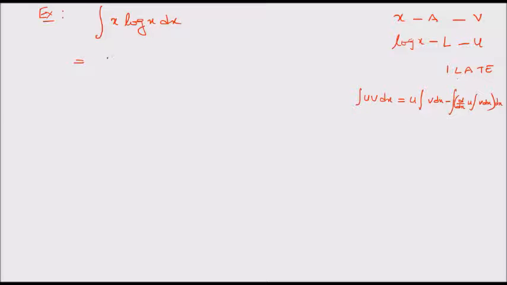So using this, now here u is log x, so log x integration of x dx minus integration of d by dx of u, here log x, integration of x dx, which is whole dx again.